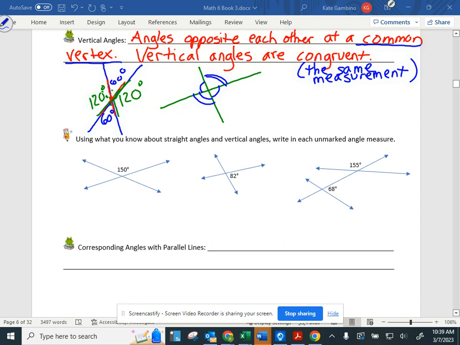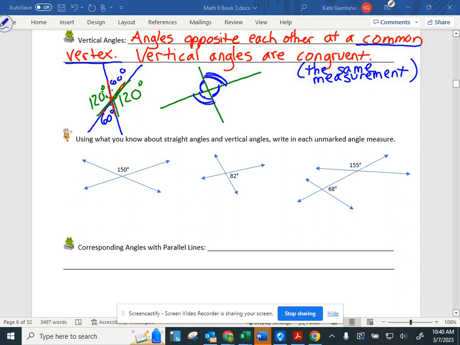If it has the same number of lines, it means they are the same measurement. So the one line is equal to the one line. The two lines are equal to any other measurement that has the two lines. So when you see it drawn with lines, you know that they are equal to each other. They are congruent. Two lines is not equal to one line, so they are not congruent angles.